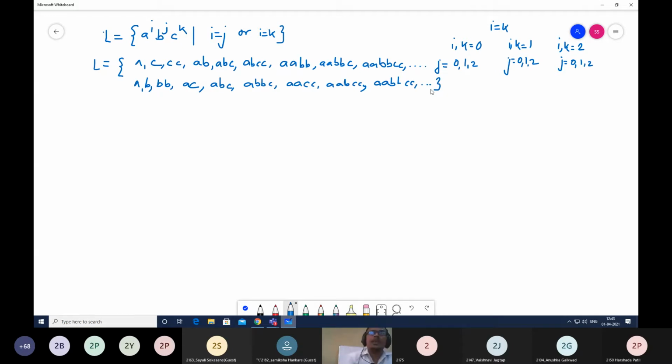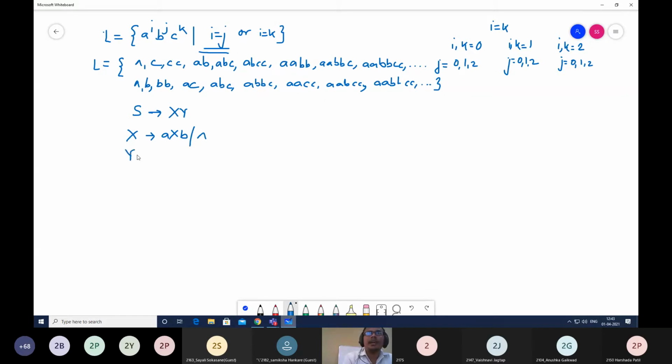So the first part of the grammar remains the same as yesterday. We solved that grammar yesterday. That is S is equal to XY. This XY is for i is equal to j. So what will be my X? My X will be such that the number of A's should match with the number of B's.